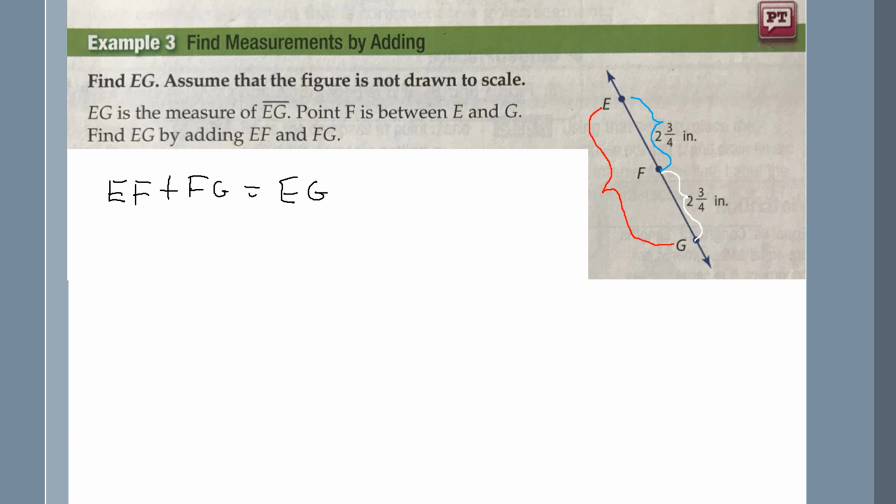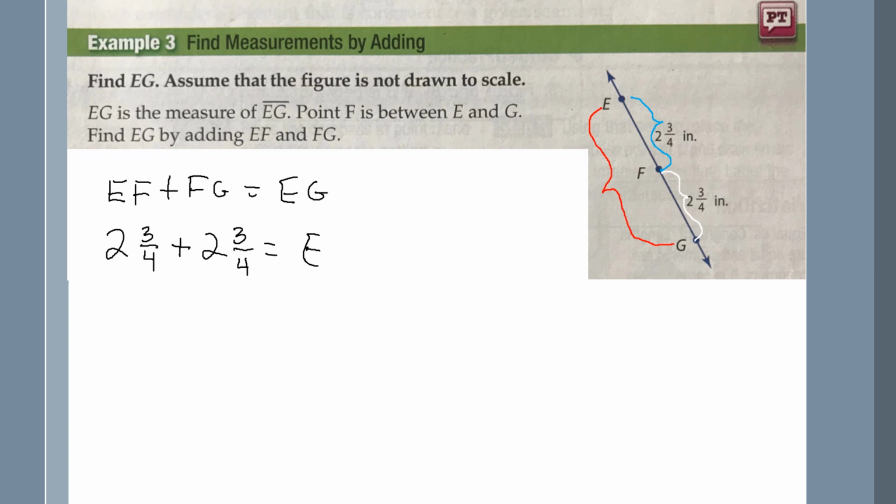Well, the length of EF is 2 3/4, so we're going to write down 2 3/4. And the length of FG is also 2 3/4. That's equal to EG, the length of EG.